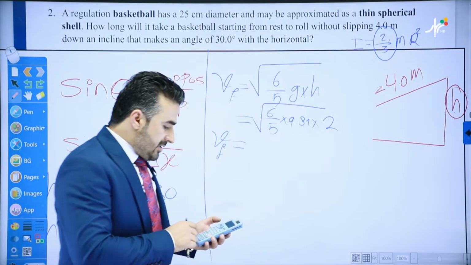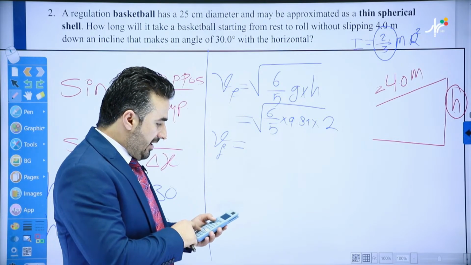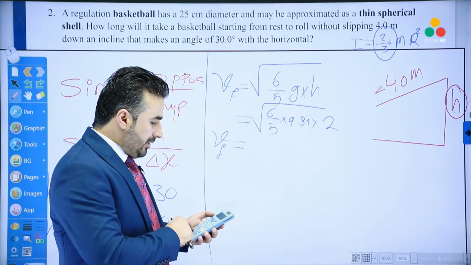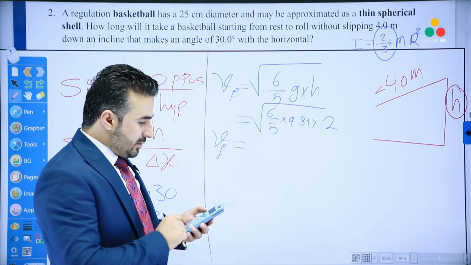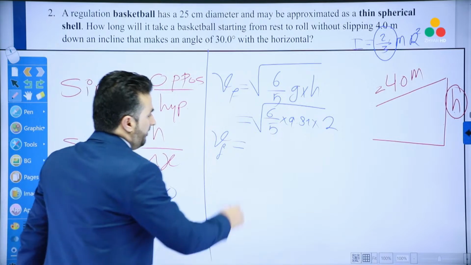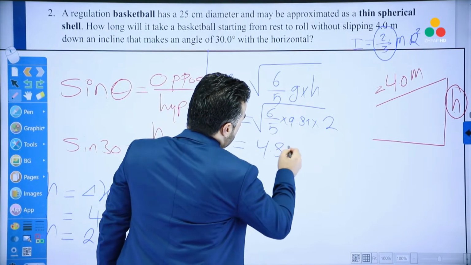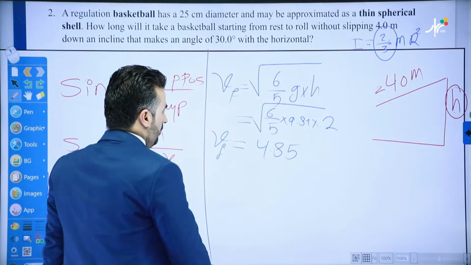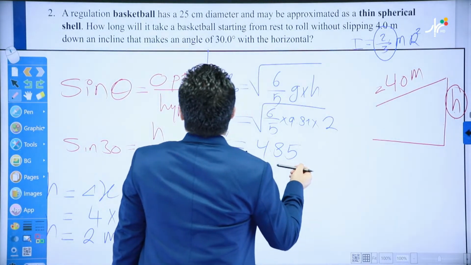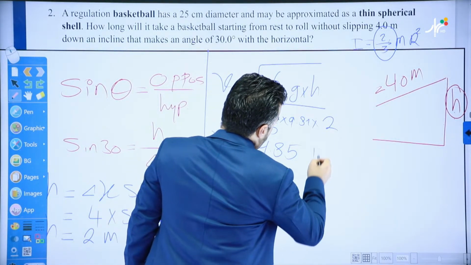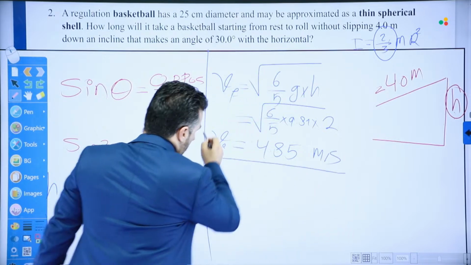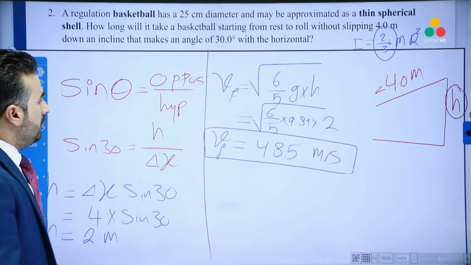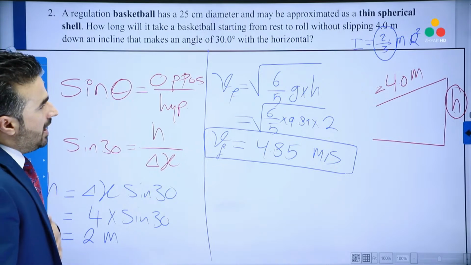Using 6 divided by 5 multiplied by 9.81 multiplied by 2, we get an answer of 4.85. Remember, this is the translational speed, so meter per second. Let's put this in a rectangle or encircle this.